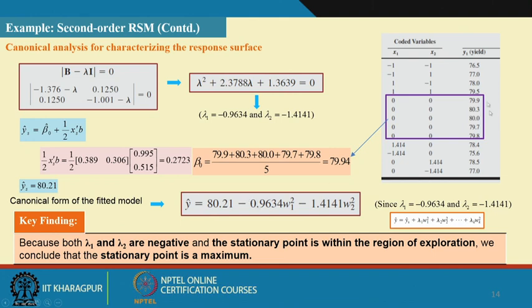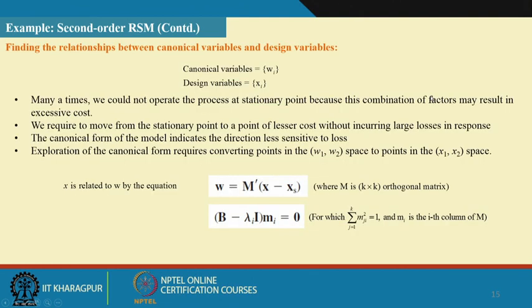Here we have shown how beta 0 is calculated, that is the average value at the center point. Now what happens when we cannot operate the process at the stationary point?